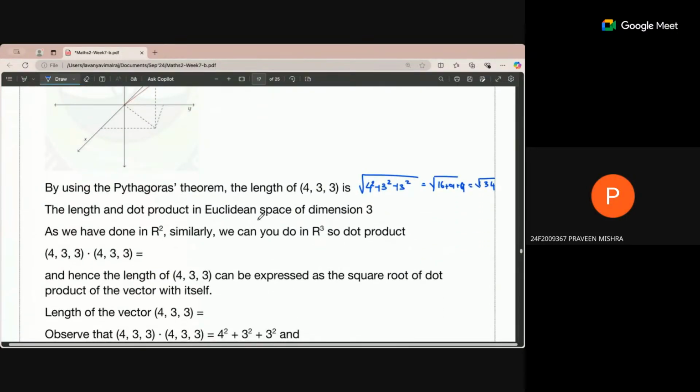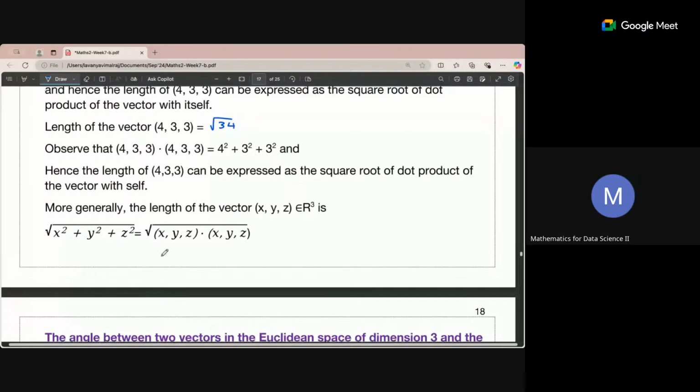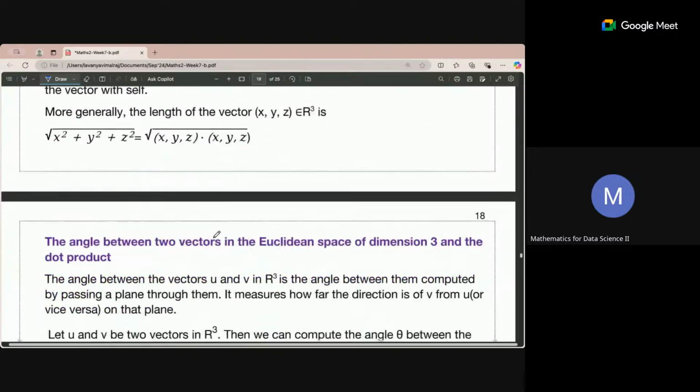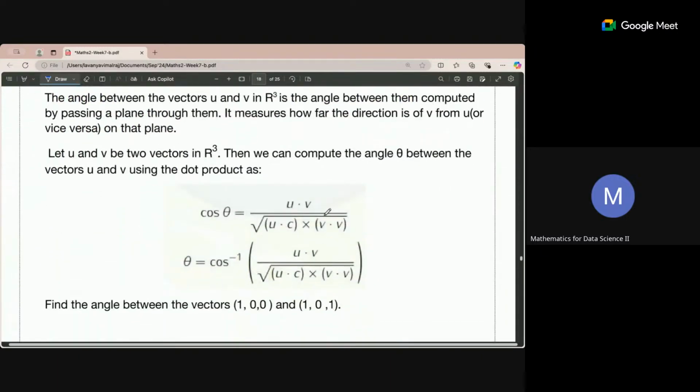Basically, in the dot product, we are doing just component-wise multiplication. So the dot product is 34 and the length of the vector is square root of 34. So here also the length of the vector is defined as the square root of the dot product of the vector with itself. And the angle between those two vectors is again, here is a mistake, u dot u, and here also u dot u. So the length of the vector u into the length of the vector v.